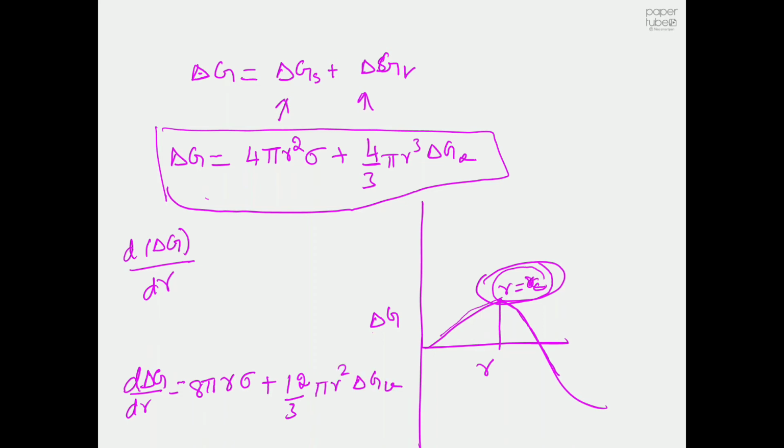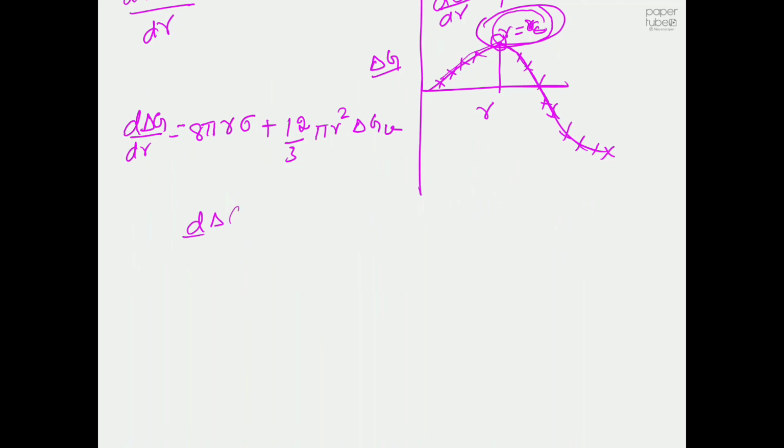As I said, if you differentiate delta G with respect to R, it will be equal to some number at all the points on this line, except at this particular point where it will be equal to 0. So the change in delta G with respect to R will be equal to 0 when R is equal to RC, which is nothing but the critical radius of the stable nuclei.